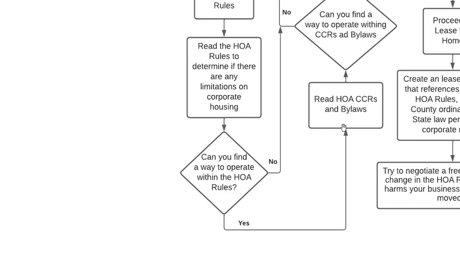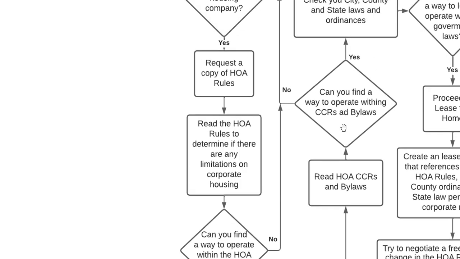Each homeowner association, townhomes, has CC&Rs and bylaws. You want to go through those and read those about rentals. And if those CC&Rs and bylaws allow you to operate your corporate housing company, again, we do extended stays, which is 30 days and longer.